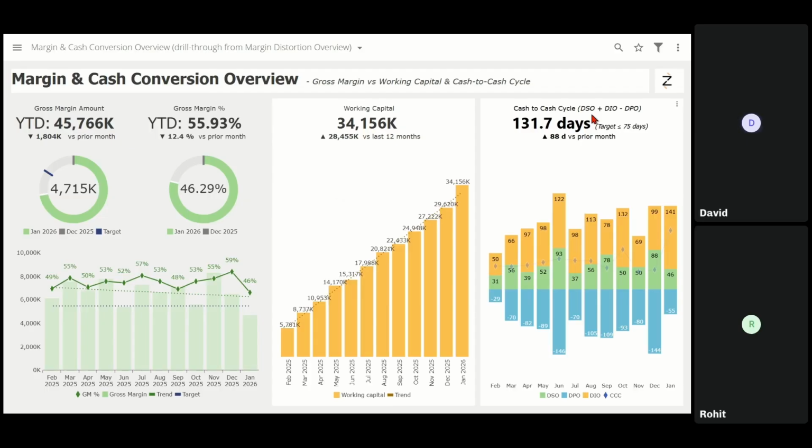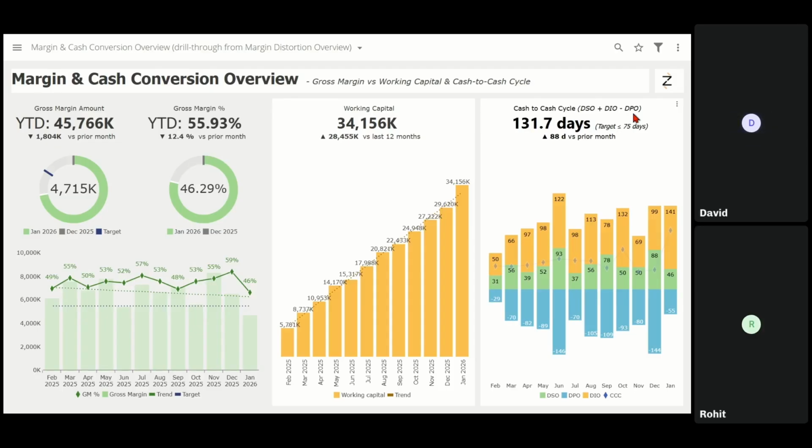So how fast are we converting those sales into cash, right? The days inventory, which is the DIO here, is the average number of days that our products are staying in the inventory, stocked before being sold. And then the days payable outstanding, which is basically the same, but now on the supplier side: how long it's taking us to pay the suppliers.